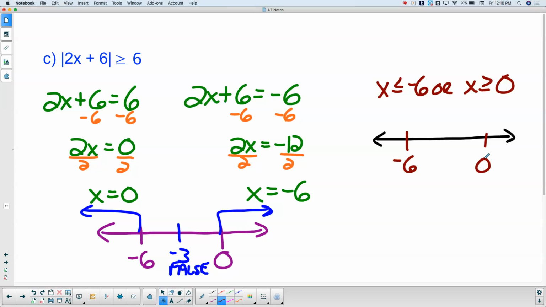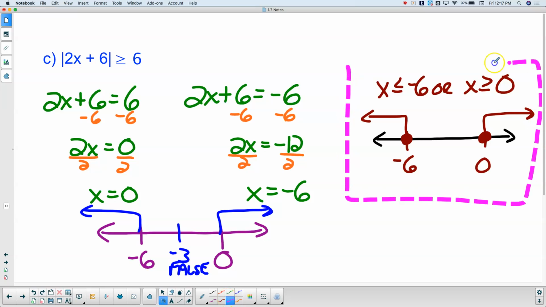Closed dots because we have the equals component, and then we're still RTBing. Row the boat in. Yeah, buddy? Love it.